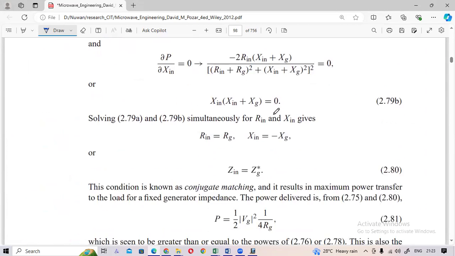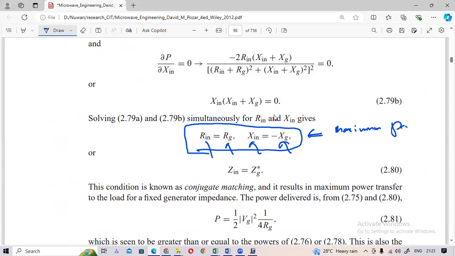Then they get R in is equal to Rg, X in is equal to minus Xg. At this time, they can get the maximum power transfer.